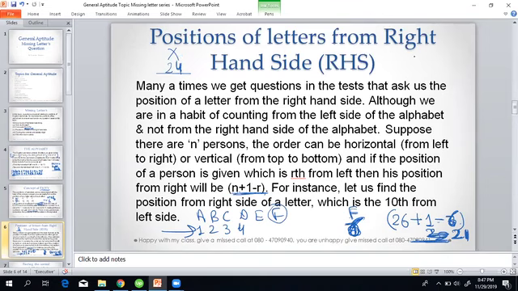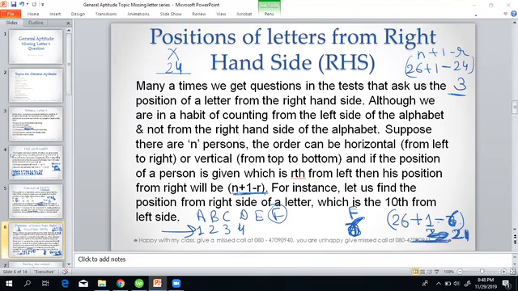So n plus 1 minus r: 26 plus 1 minus 24. So its position from the right hand side is the third. The first position is Z from the right hand side, second is Y, and third is X. So in this way we can calculate easily. Just remember the formula n plus 1 minus r.